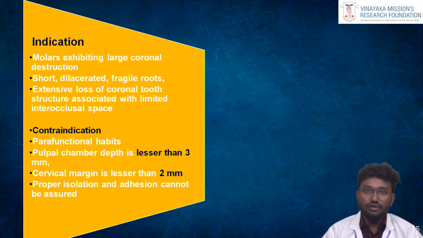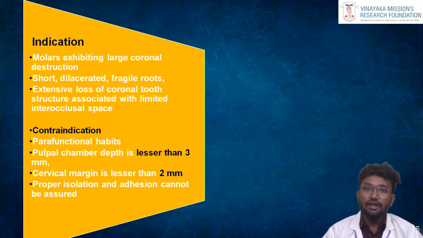And with a fragile root, there is a chance of root fracture, so post and core is not indicated, but an endocrown is. Next is extensive loss of coronal tooth structure associated with limited interocclusal space. If the patient has a deep bite and the occlusal space is very limited, in such cases the endocrown is the best choice. Next is contraindications.